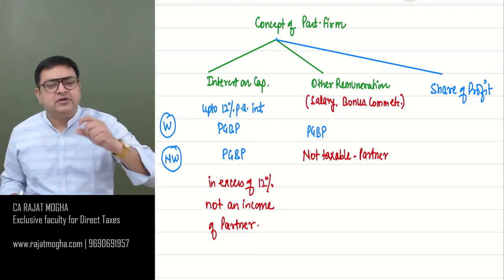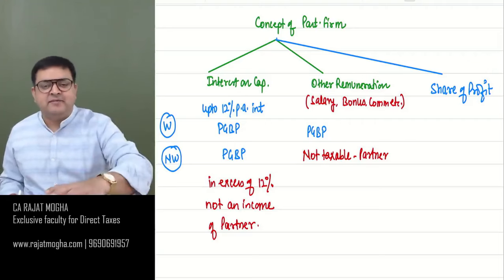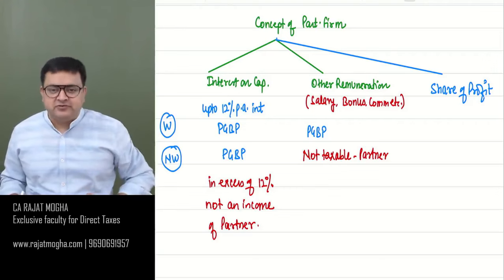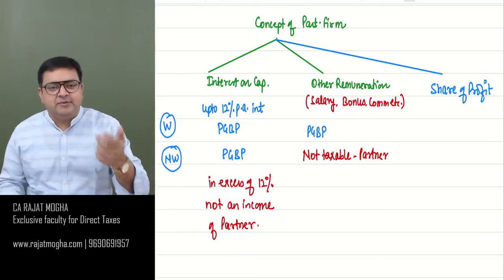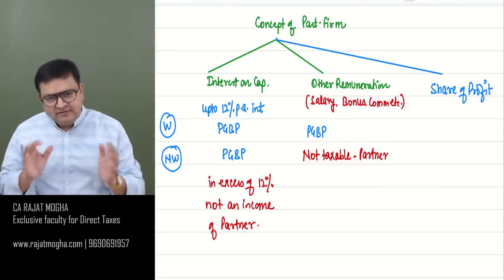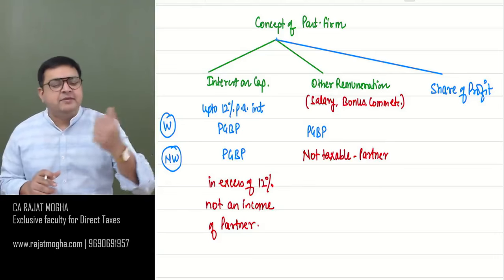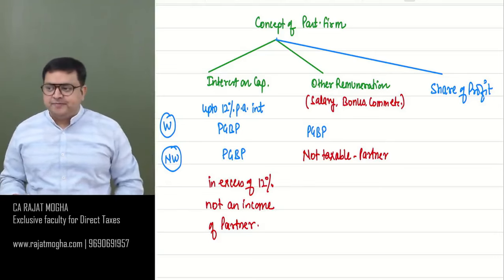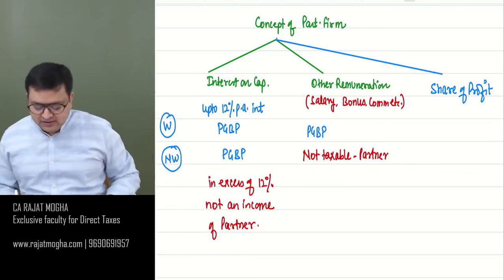So if a partner says that I'll be a sleeping partner, I'm investing my capital, still he should receive interest on capital. But salary, bonus, commission should only be received by the partner who is actually active. Who is a non-active partner, he should not receive. Even if he is receiving, it is not allowed for the firm. Partnership firm will pay tax. Partner will not pay tax. Understood? It is not taxable.